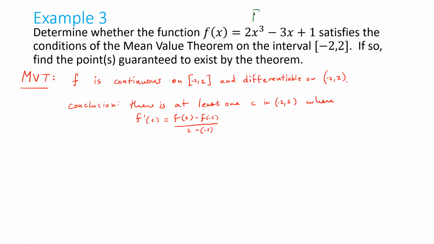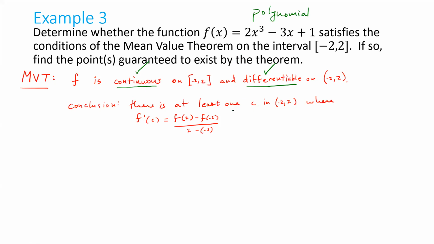This is a polynomial. So is it continuous? Yeah, we know polynomials are continuous for all x. And is it differentiable? Yeah, we know polynomials are differentiable for all x. So those two conditions are all we need for the mean value theorem to apply.